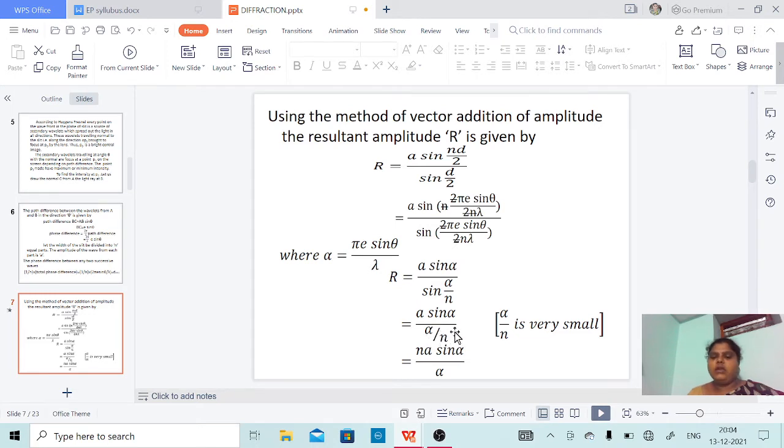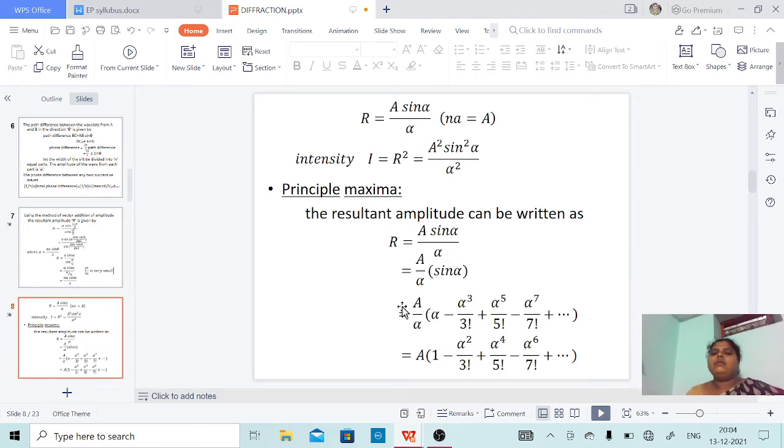For small values, sine theta becomes theta, so sine alpha by n becomes alpha by n, because theta is small and alpha by n is also small. Now R equals n a into sine alpha by alpha, and small n a equals capital A. So R equals A sine alpha by alpha.